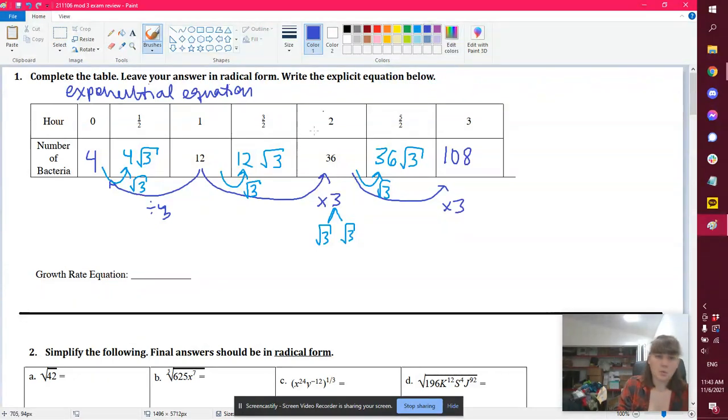And then the final part of this question says to write the explicit equation for this scenario. The explicit equation for an exponential is always the starting point, aka what we had here at hour 0, multiplied by our ratio to the power of x.